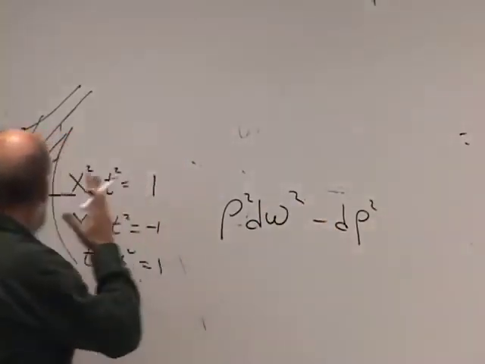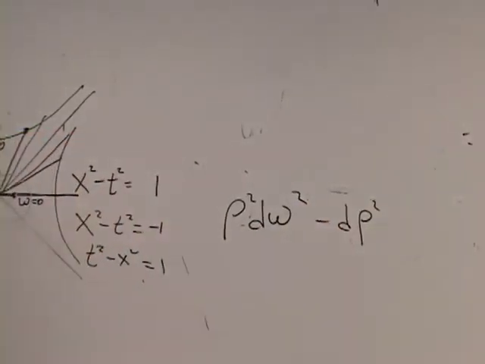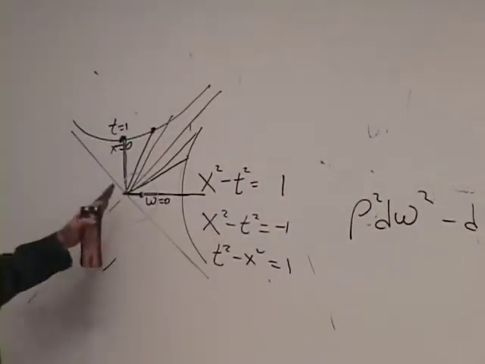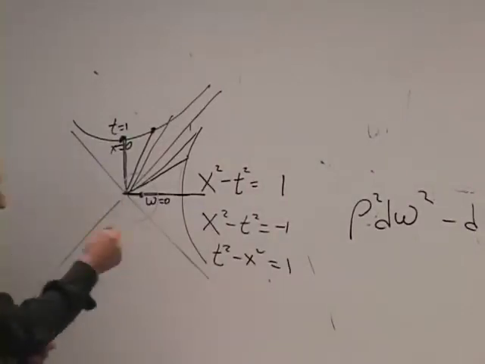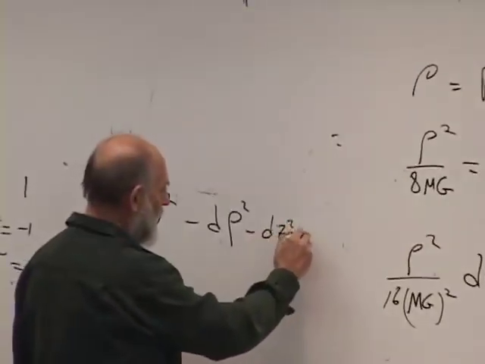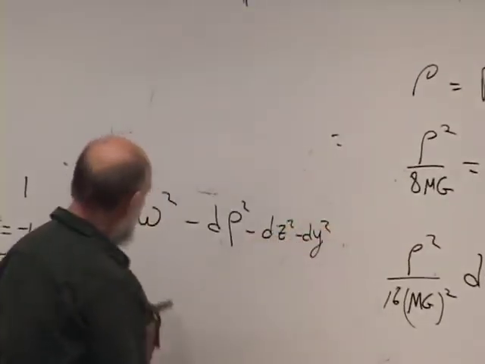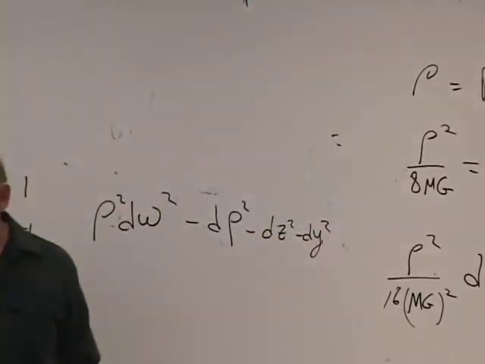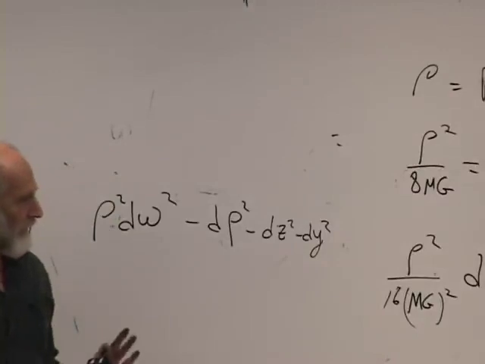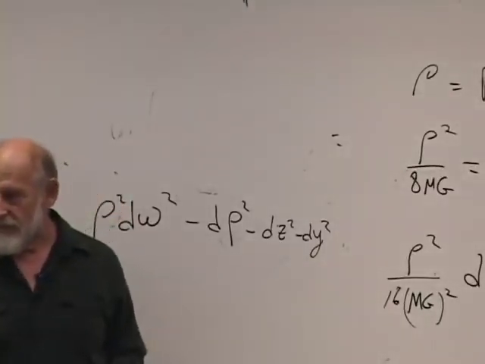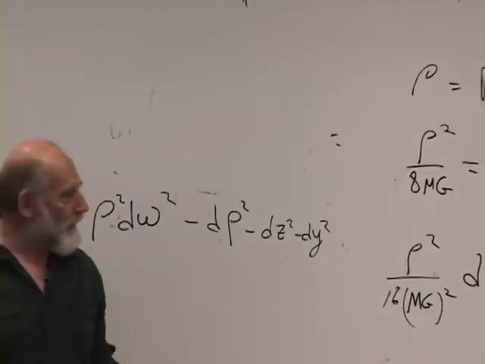And if there were other coordinates coming out of the blackboard, then we would put them in by hand, minus dz squared minus dy squared. Is this the same as this? Not quite. What's the difference? 16 m squared g squared. Okay?